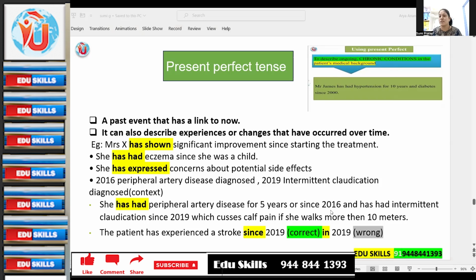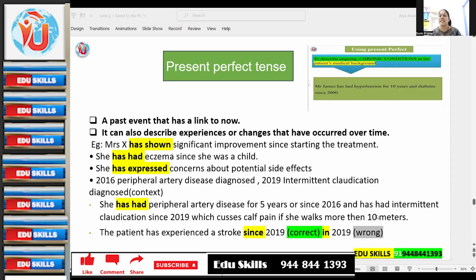So "since" we have to use here, and "for" is for a period of particular time. Okay, she has intermittent claudication since 2019, which causes calf pain if she walks more than 10 meters.